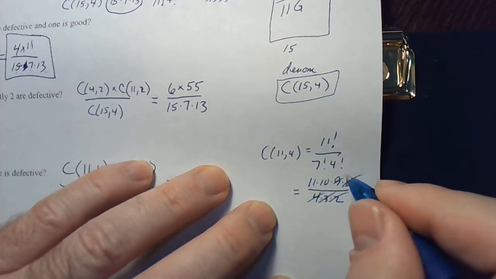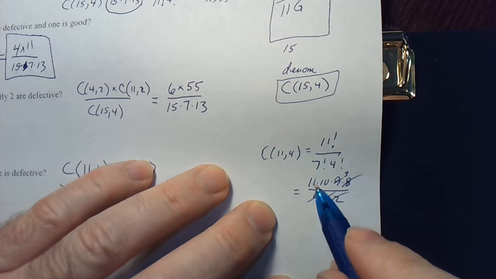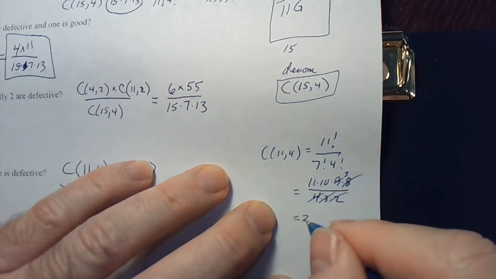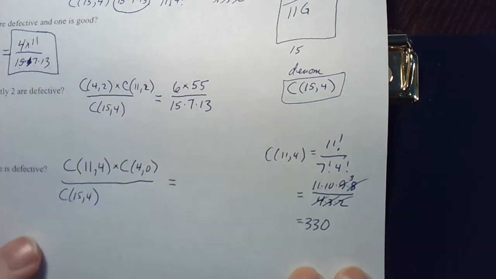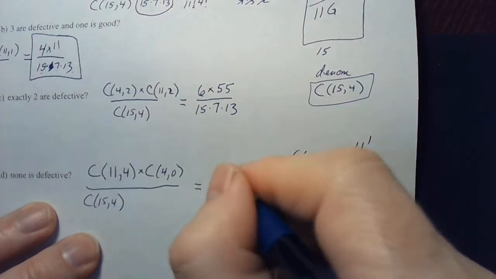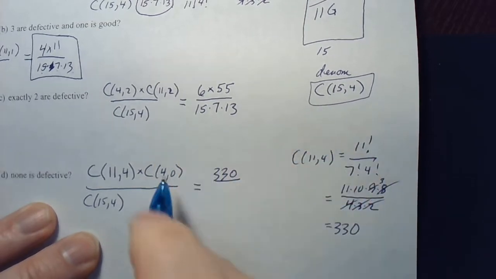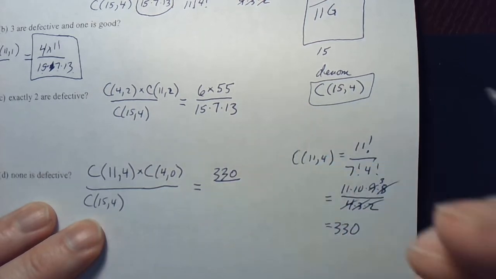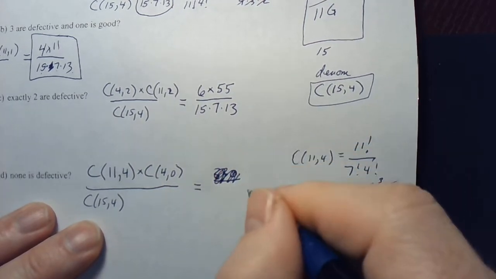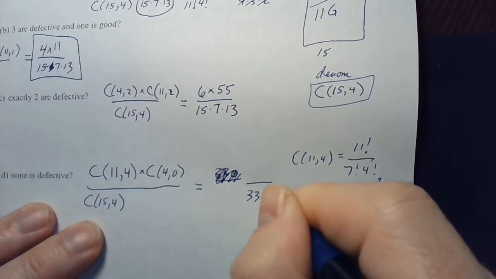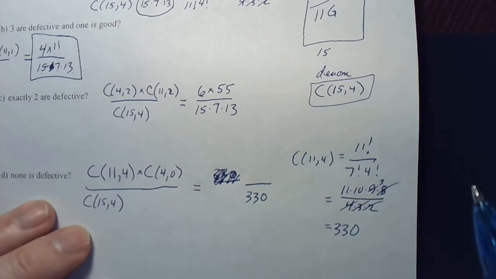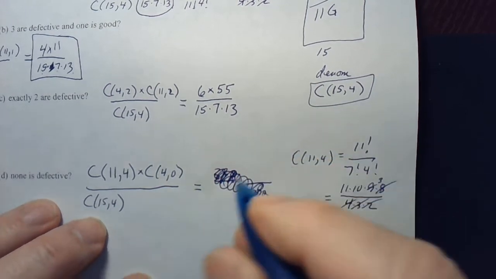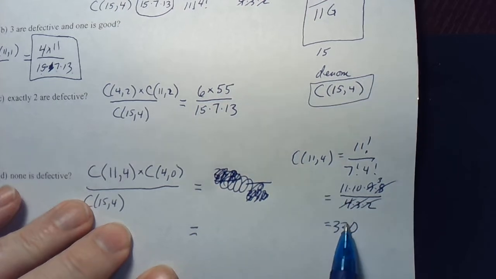The 3 and the 9 would leave me a 3 upstairs. 11 times 3 is 33, times 10 is 330. So we would get 330 times 1. I'm not going to bother with that. And then, I'm sorry, that's the denominator. Nope. Had it right the first time. Sorry about that. 11 choose 4 is 330.